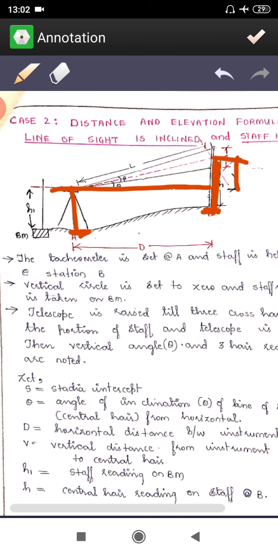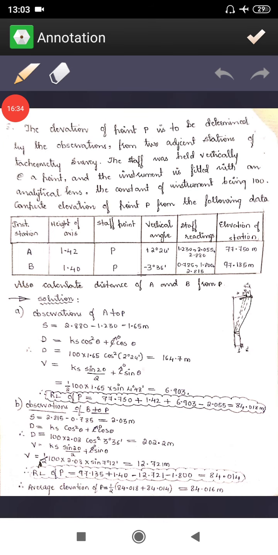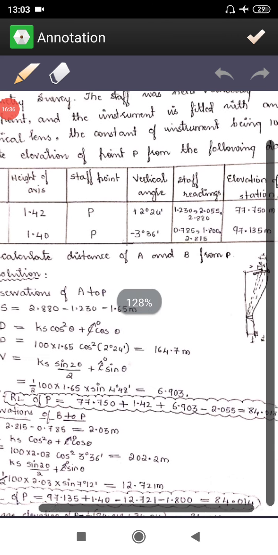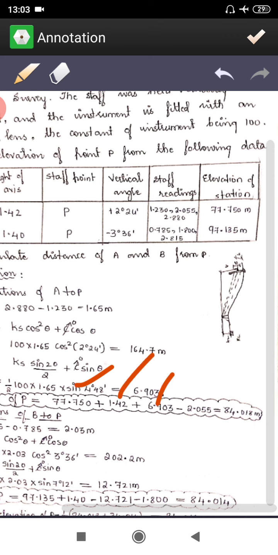So it is going to be minus 2.055. So altogether how much is it? It is going to be 84.081 meters. Now this is what I have written here. You can see that, 77.750 plus 1.42 plus 6.903 minus 2.055, it is going to be 84.18.